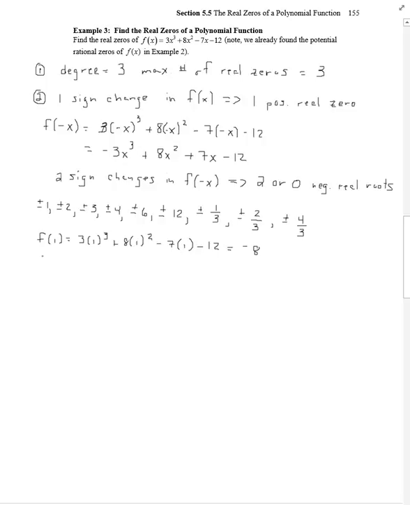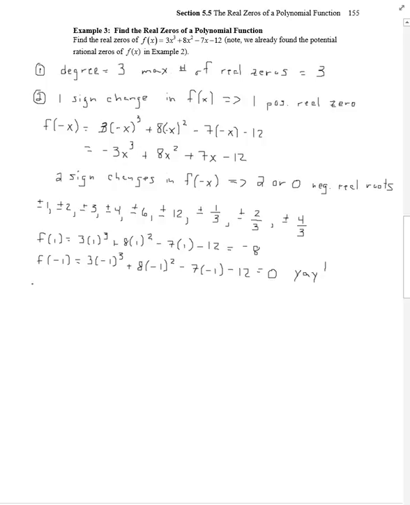Okay, let's try f of negative 1. That gives me 3 times negative 1 cubed plus 8 times negative 1 squared minus 7 times negative 1 minus 12, which gives me 0. Yay. That means that negative 1 is a zero of that equation.